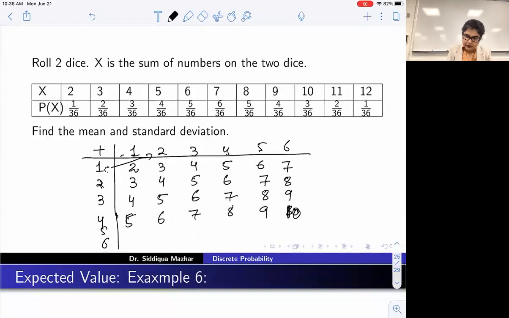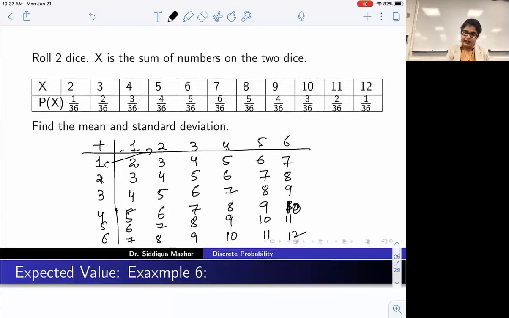And then 6, 7, 8, 9, 10. 5 plus 6 is 11. And then this is 7, 8, 9, 10, 11, and this is 12.